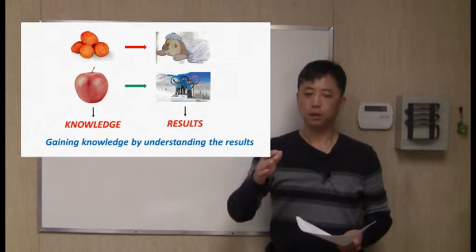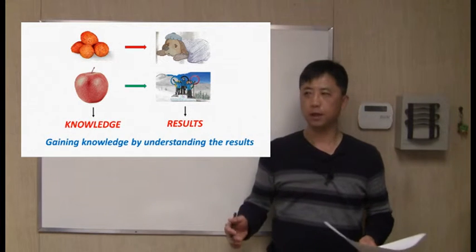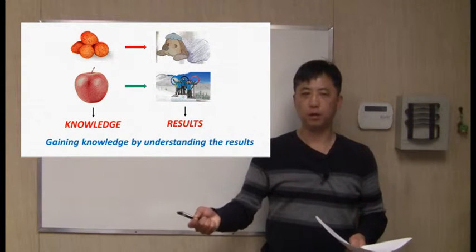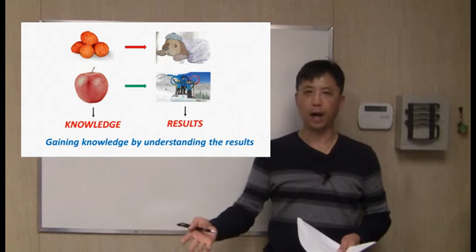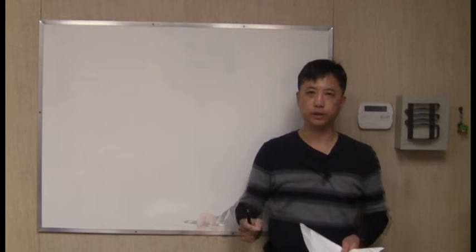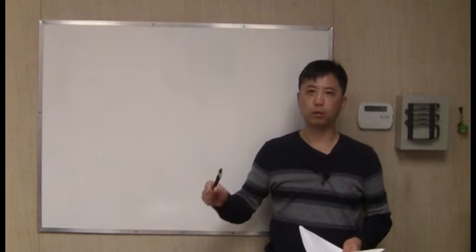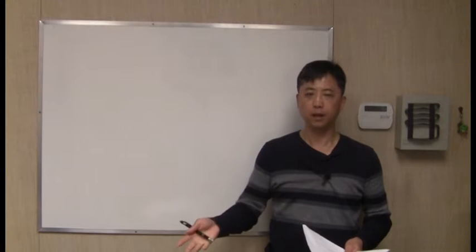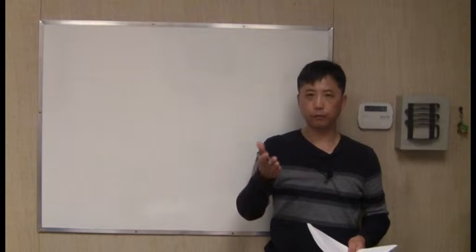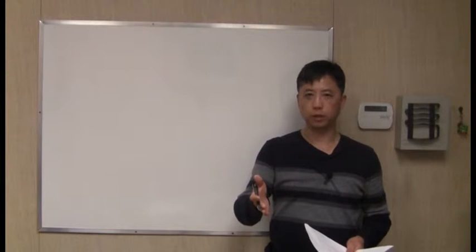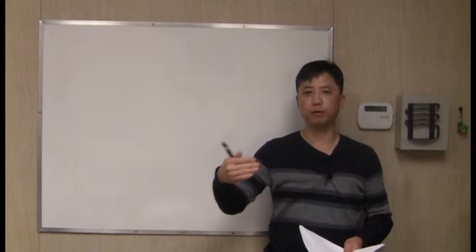Let's say not you, but one of your group members ate a poisonous fruit and either got really sick or died. What would happen to the others? Other people who watched someone get sick or die will probably remember the characteristic of the poisonous fruit, so that they can avoid it in the future.